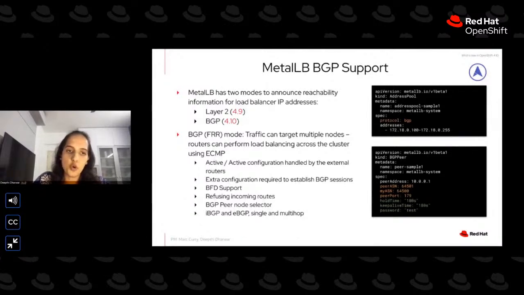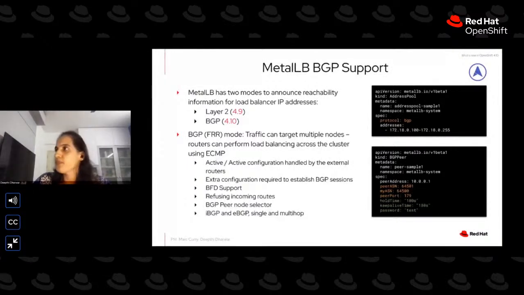And given that each node acts as a mini router with MetalLB deployment, we do not allow external routers to inject routes into the cluster. And with BGP peer node selector, you can run MetalLB speaker pods on specific nodes by specifying the node selector. And we also have iBGP, eBGP, and single and multi-hop support with this release. Next slide, please.